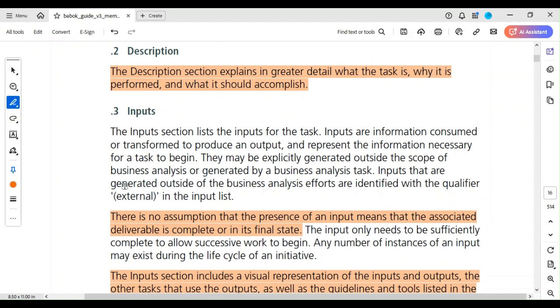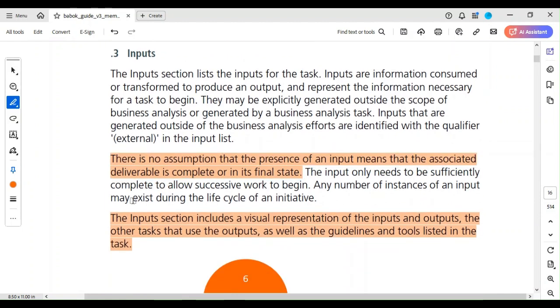There is no assumption that the presence of an input means that the associated deliverable is complete or in its final state. Remember what I said? When you see an input, it doesn't mean that it is your one-stop shop. There may be other stops along the line. So the input only needs to be sufficiently complete to allow successive work to begin.